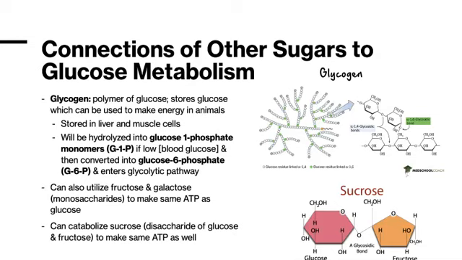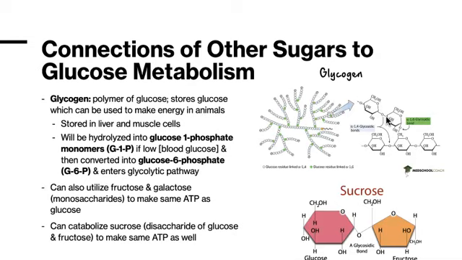the citric acid pathways. So we'll start off with glycogen, and we've talked about glycogen before in this chapter and probably in other chapters too, and it is a polymer of glucose, meaning that it is a large molecule that is going to contain these repeated glucose molecules that are all linked together, and it is a way to store energy in animals.